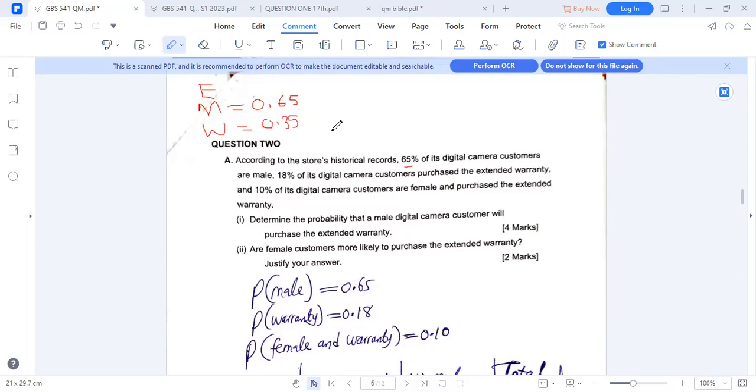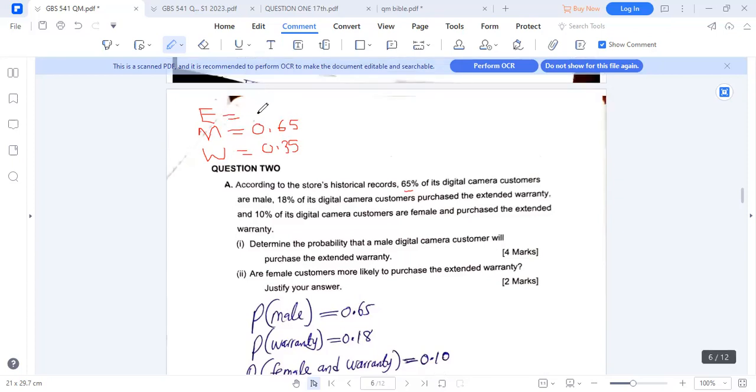Then we are told that 18% of the digital camera customers extend warranty. So those that extend warranty is 18%, so 0.18. Okay. Then what else are we told?